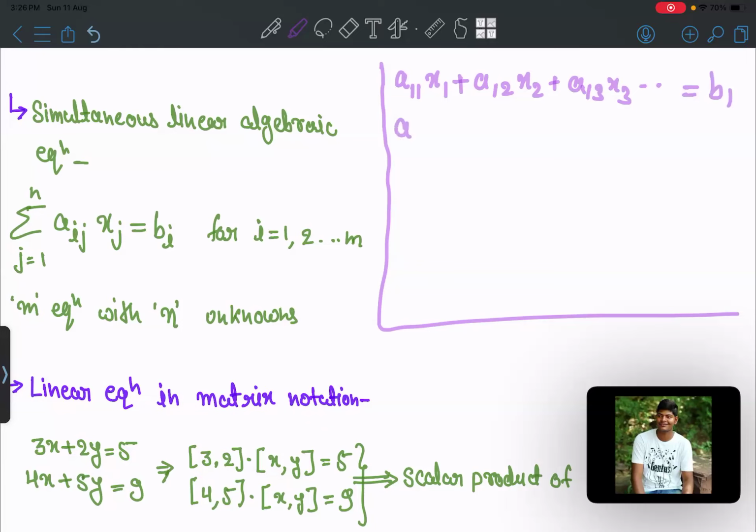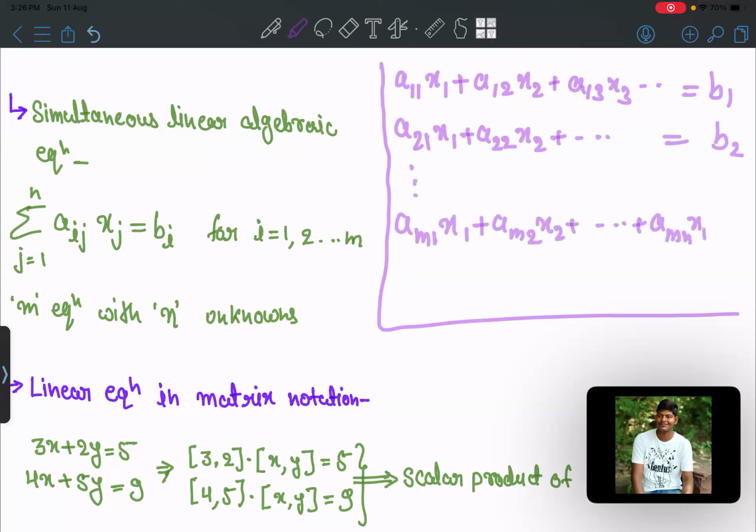Similarly, the second equation is a21 x1 plus a22 x2 plus dot dot dot, that will be equal to b2. The mth equation will be what? am1 x1 plus am2 x2 plus dot dot dot amn xn, that will be equal to bm.